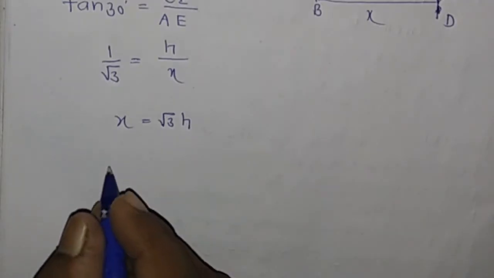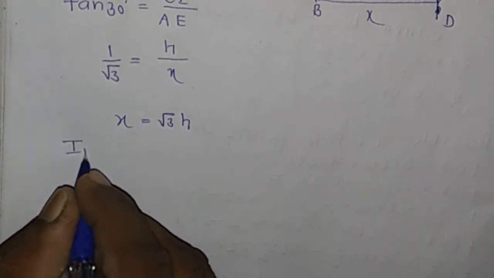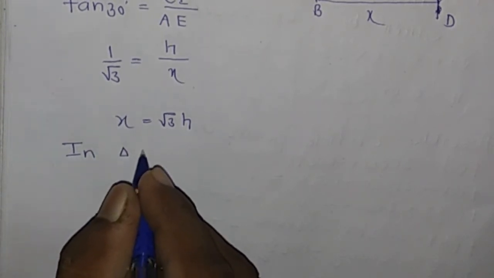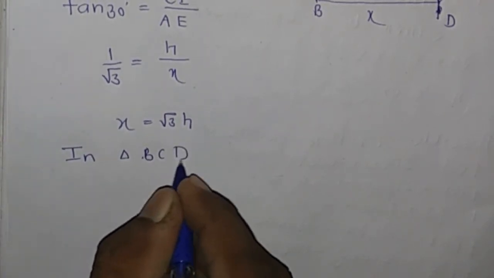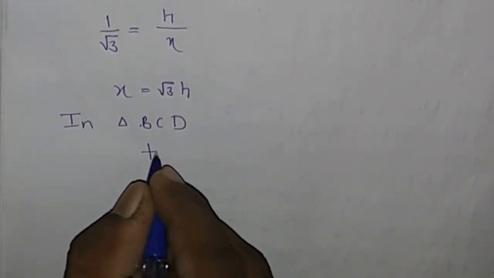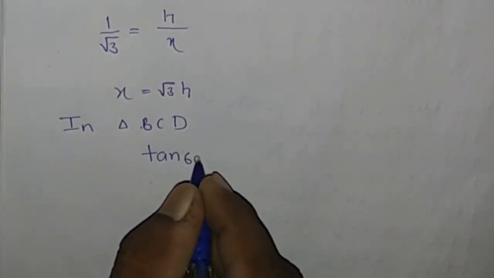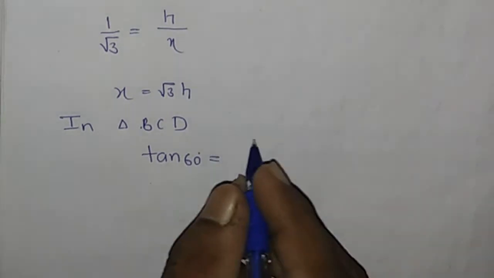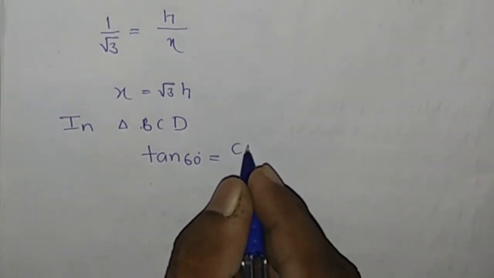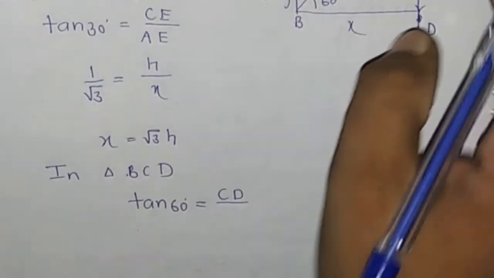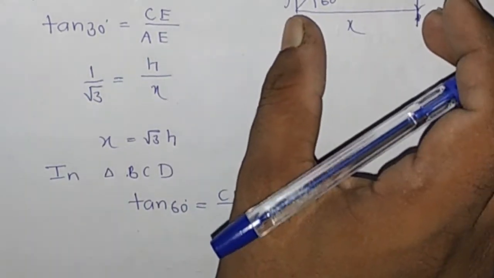Now in triangle BCD, tan 60 degree equal perpendicular means CD upon base is BD.